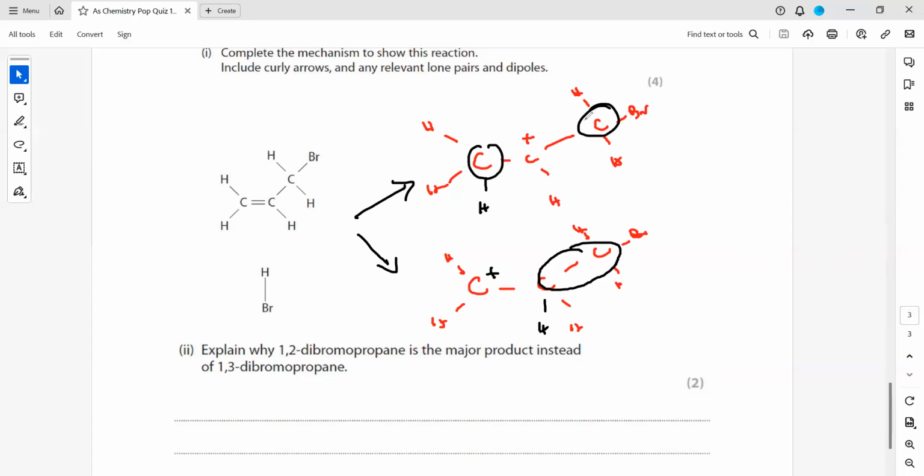But the other carbon cation is surrounded by two carbon chains. So that will be more stable, the major product, and this will be a minor product, in small quantity. So what is the reason for that?